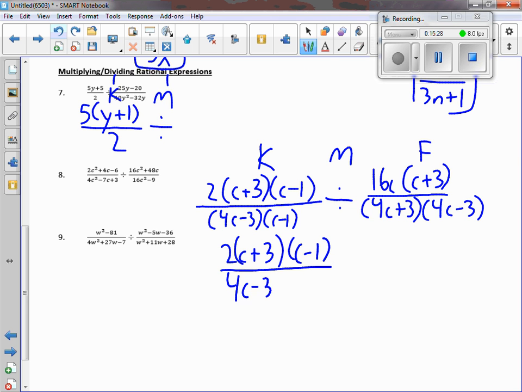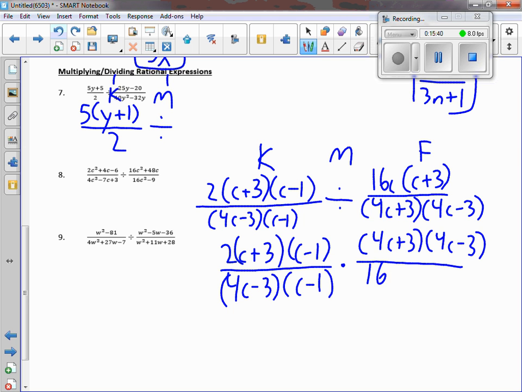Then 4c minus 3, c minus 1. Change it to multiplication, and then flip the last one. Sorry, that was 16c.